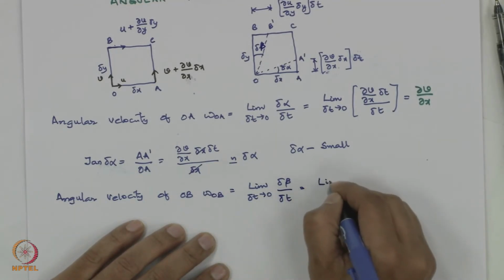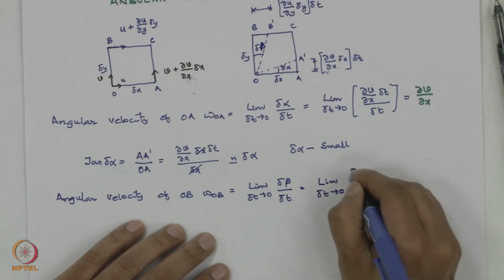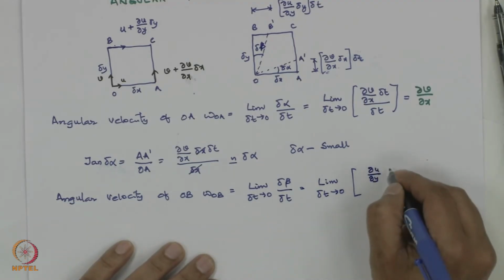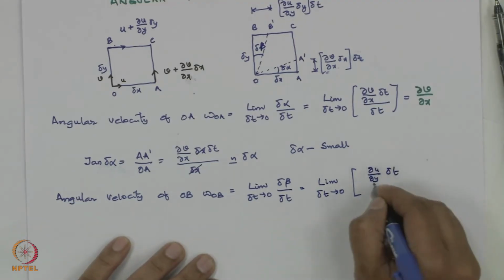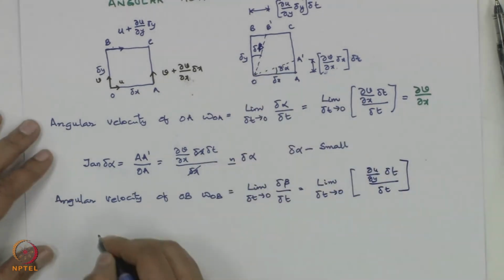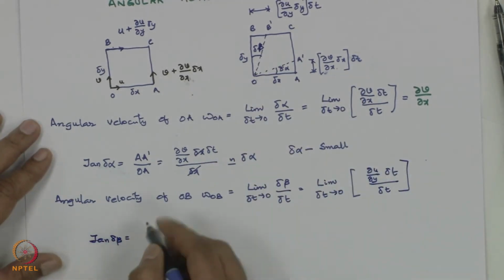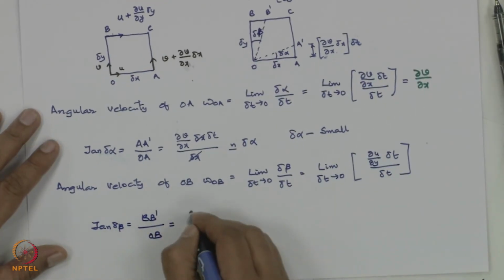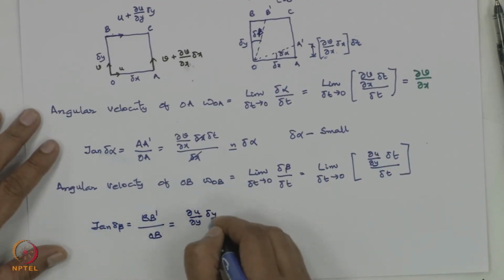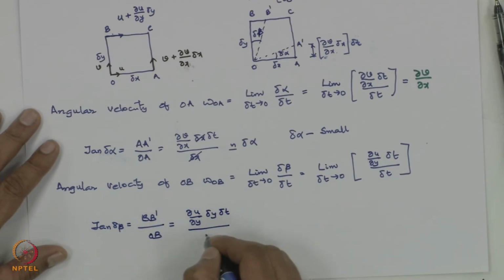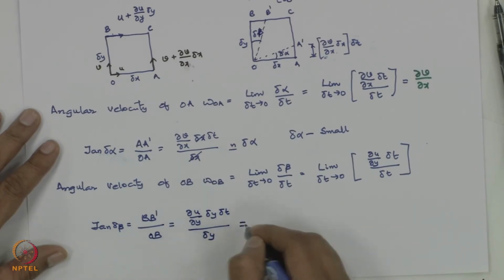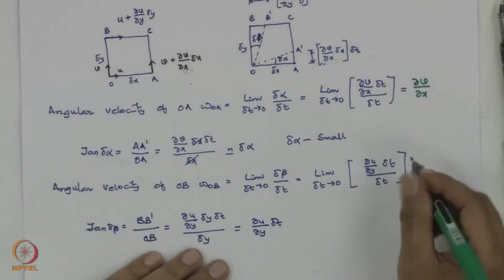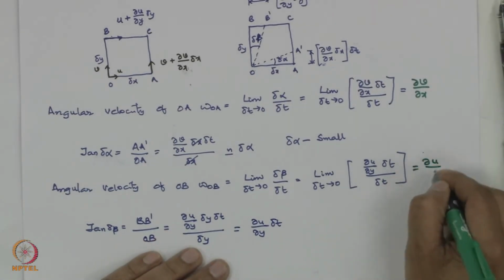So that is the limit as δt tends to 0 of ∂u/∂y into δt upon δt. How did I get this? Again, tan δβ is equal to BB prime upon OB. BB prime is ∂u/∂y δy upon δy, so you get ∂u/∂y δt. That's what we have substituted, and we get here ∂u/∂y.